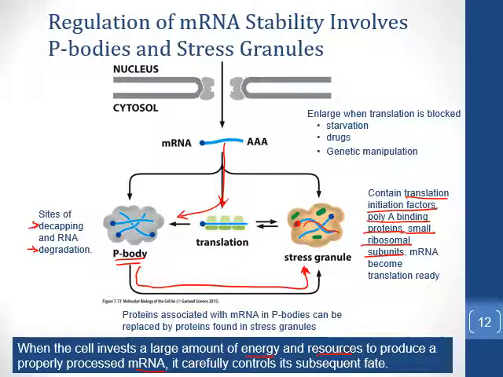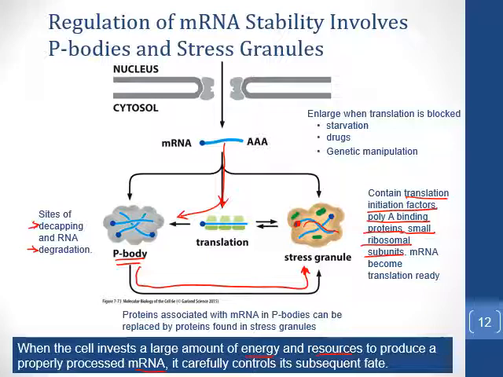Yes, it may be possible that it needs to be degraded because I don't need the protein anymore. But it may be possible that once I put it over here in the P-body, I want to move it out to a stress granule so that it can be translated. So the point is this: the determining factor on whether or not a protein is translated is complicated.